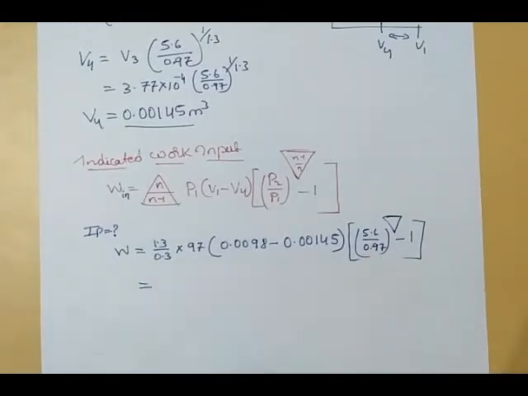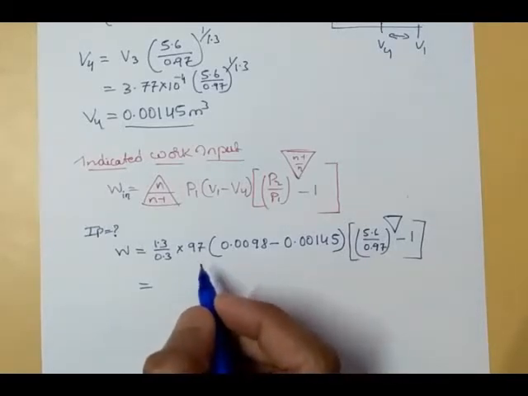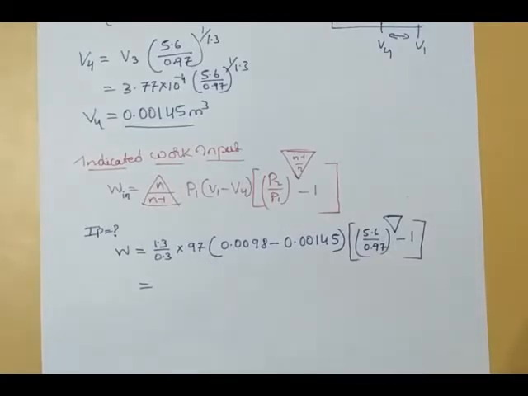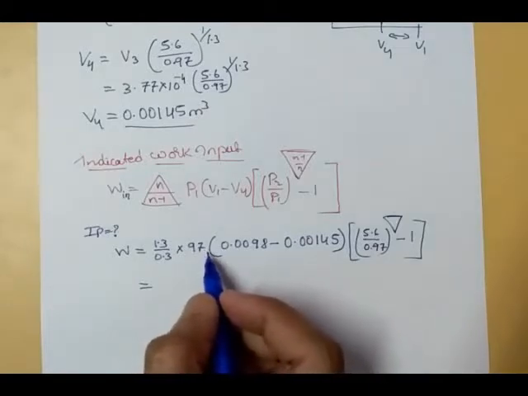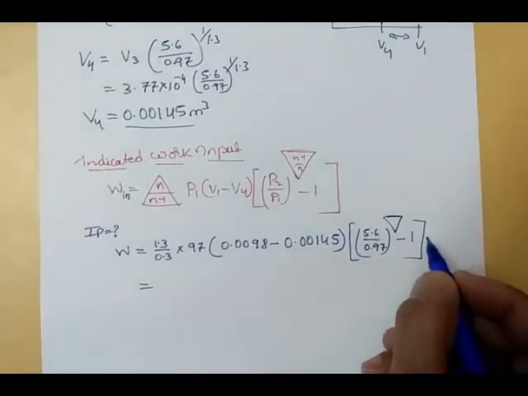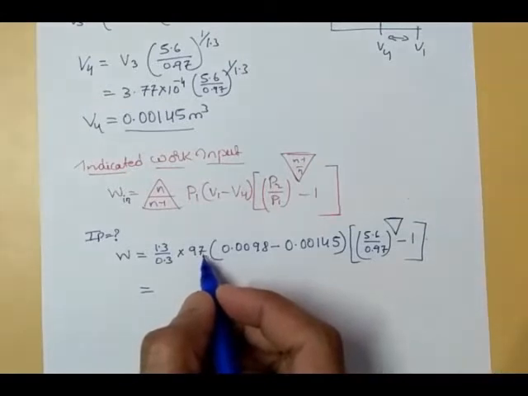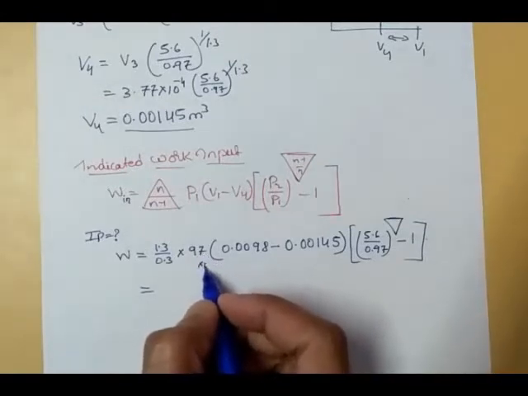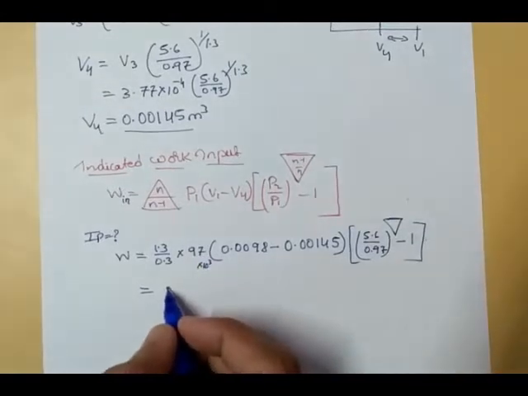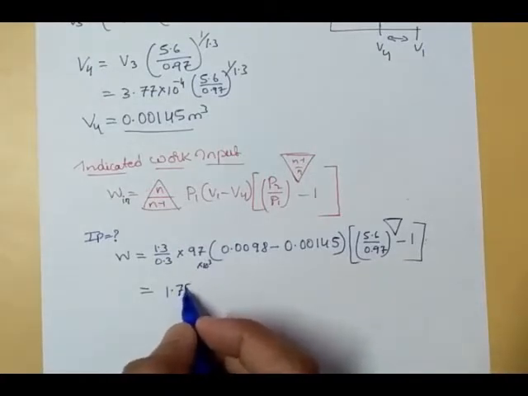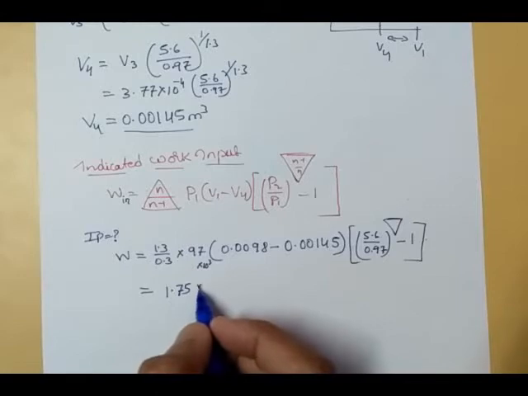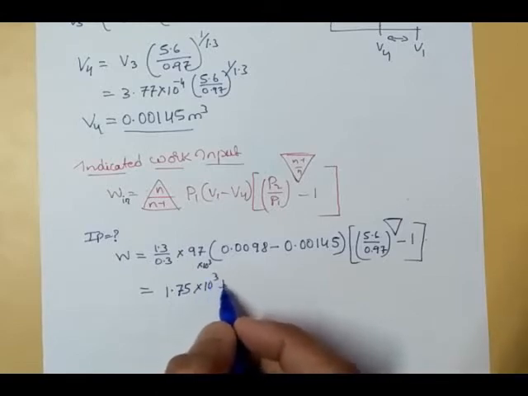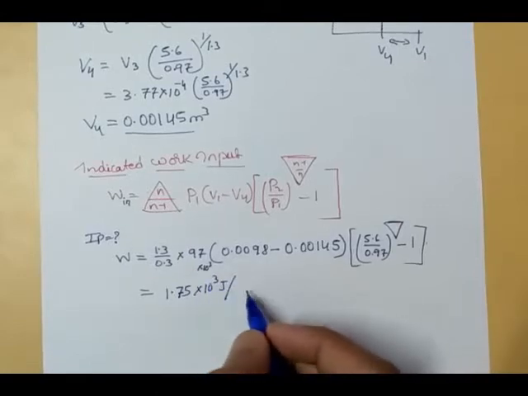So this we will get in terms of, this is 97 into 10 power 3, here 97 into 10 power 3, hence the answer we get is 1.75 into 10 power 3 joules per cycle.